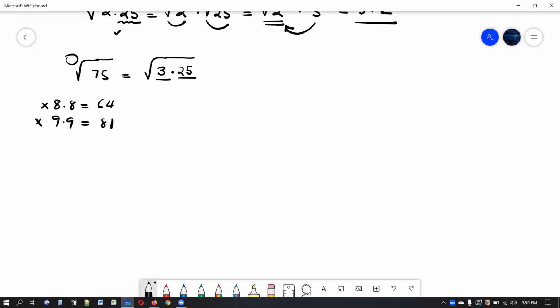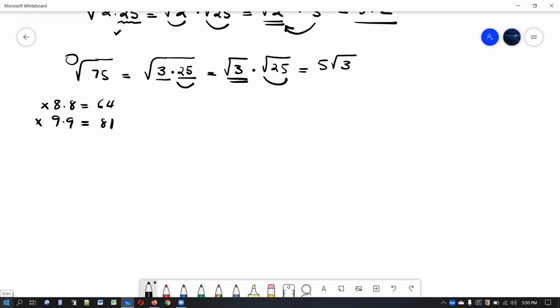And now I know that I can simplify square root of 25. So I'm going to break this as radical 3, radical 25. I know this is 5. And I cannot simplify this further. 5 radical 3. So that's the answer for that problem.